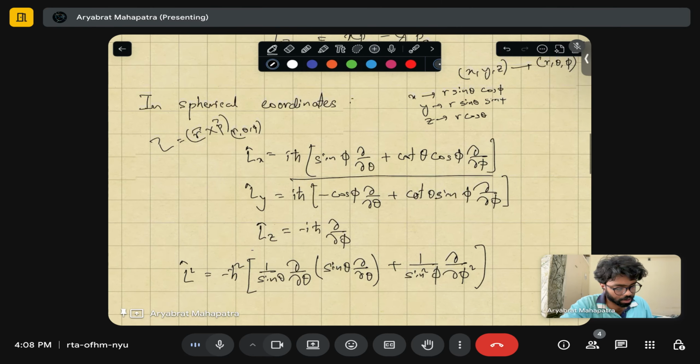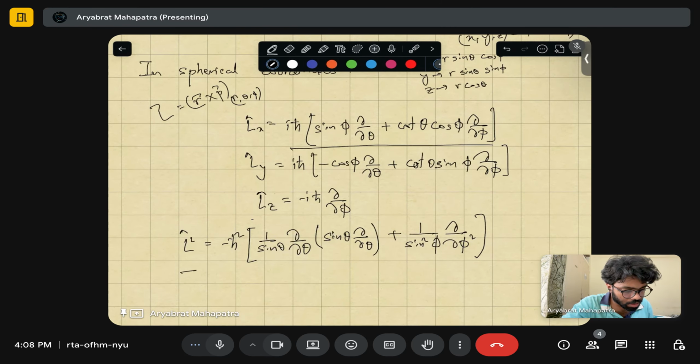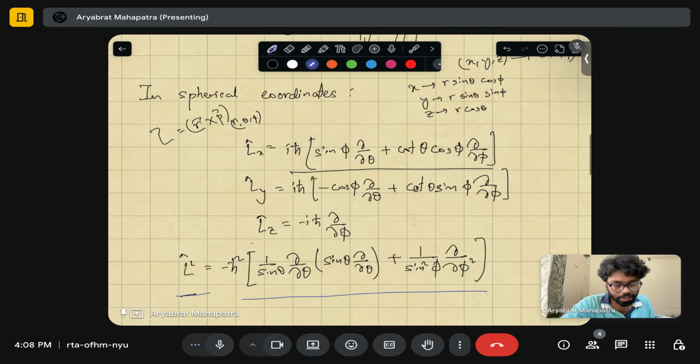And your total angular momentum will be this. I think this has been taught by the instructor in your lecture videos that have been uploaded, so you can go and check them out.